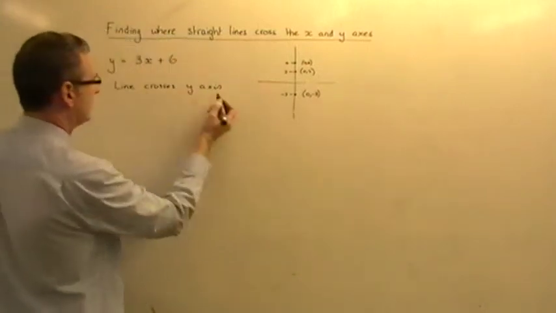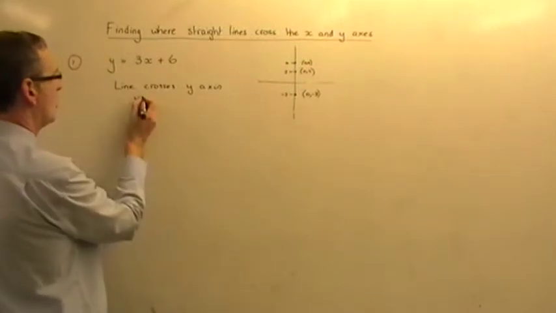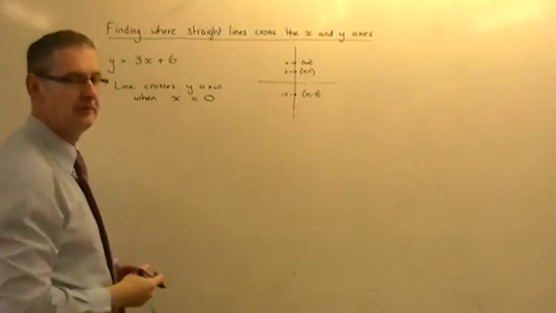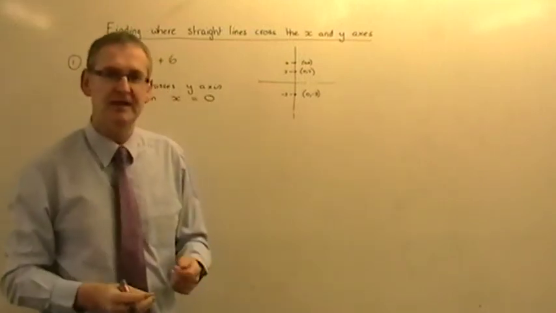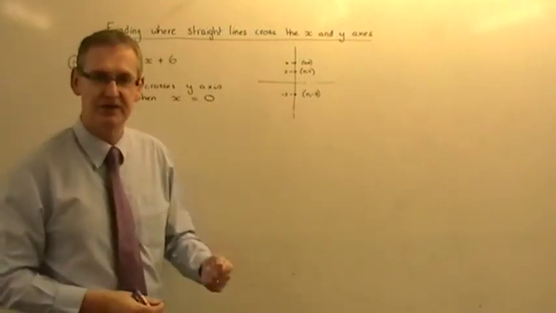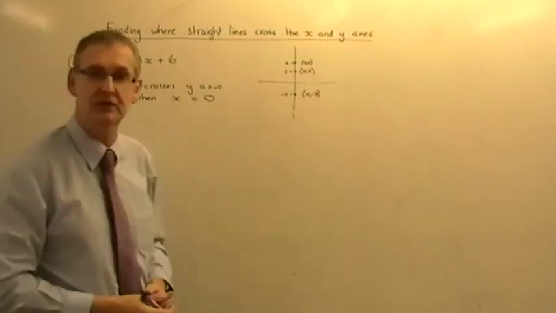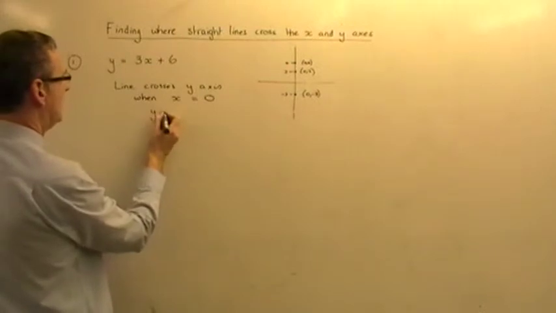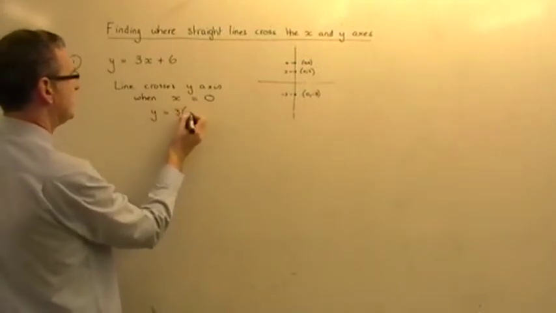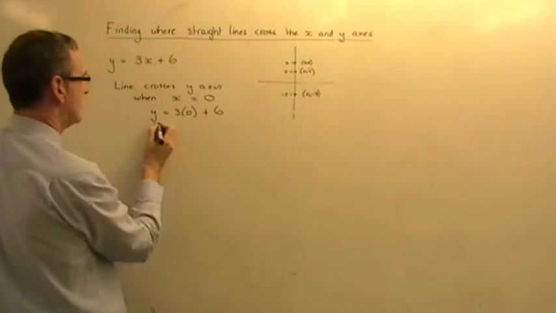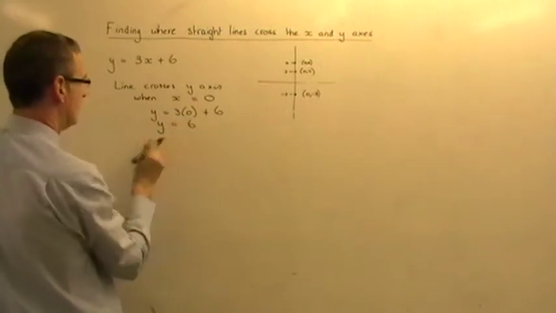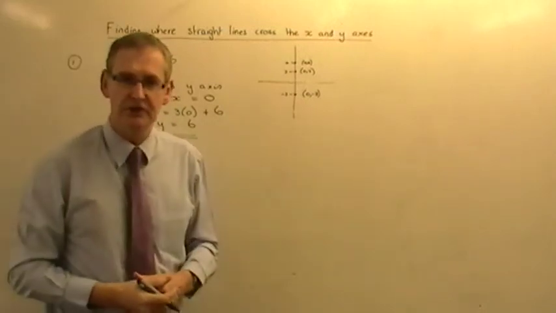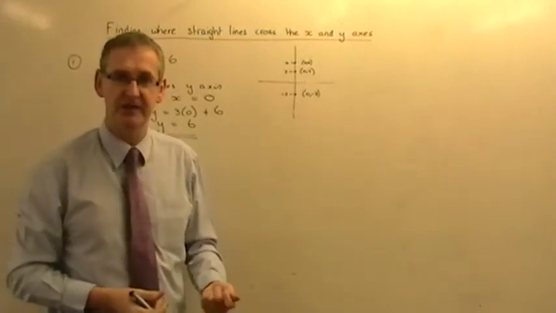So I say the line crosses the y-axis when the x value is equal to 0. All you've got to do is replace x with 0 in the equation. So in this case, you get y equals 3 times 0 plus 6, which is just 6. So it crosses the y-axis at 6.